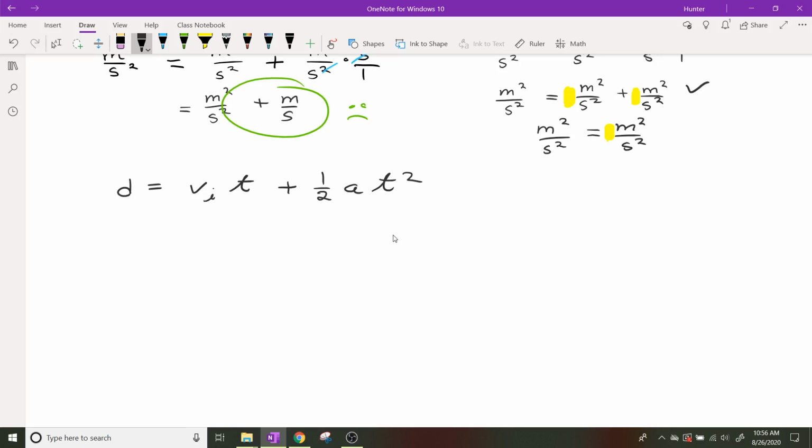That does work. Don't forget that if they add together, then you're good to go. You are missing something. Okay, magic. This doesn't need to be squared up on top because velocity is just meters per second. So this is meters per second times seconds. These should cancel out.